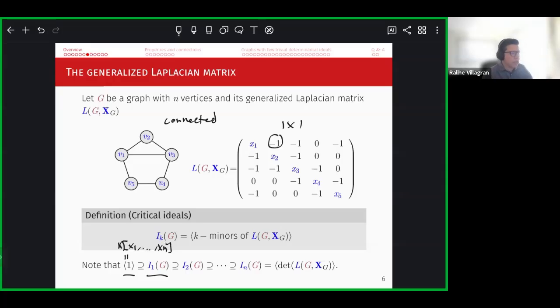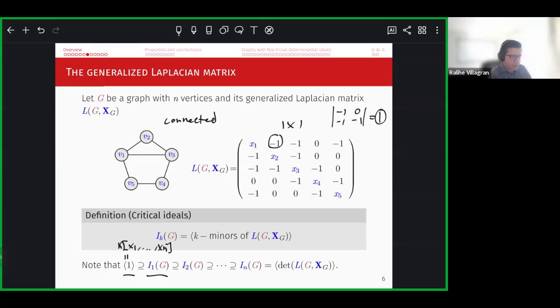So the second critical ideal, if we have something like this, a 2 by 2 minor, that's a 0. But if we can actually find some minor like -1, -1, 0, -1 that gives you a 1, then the second critical ideal will be 1 as well.